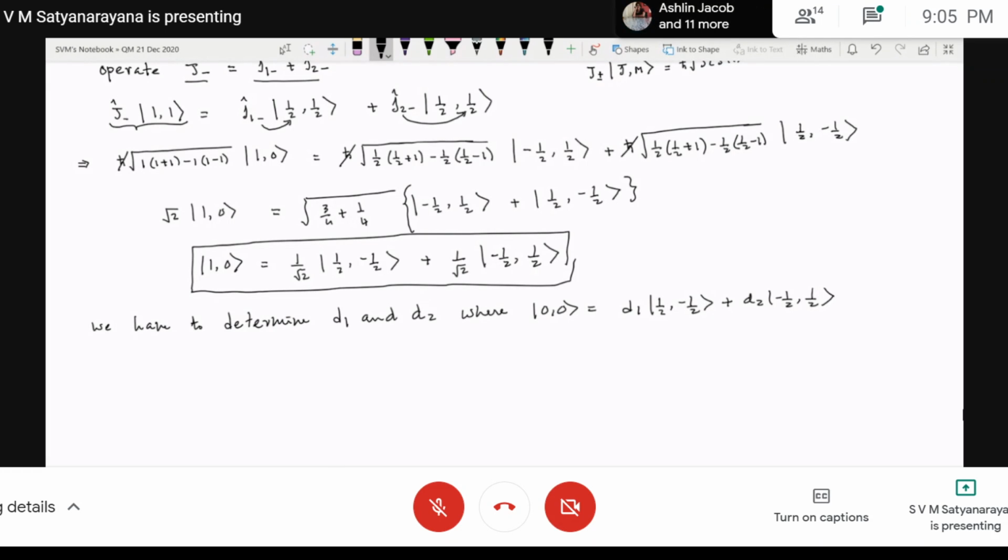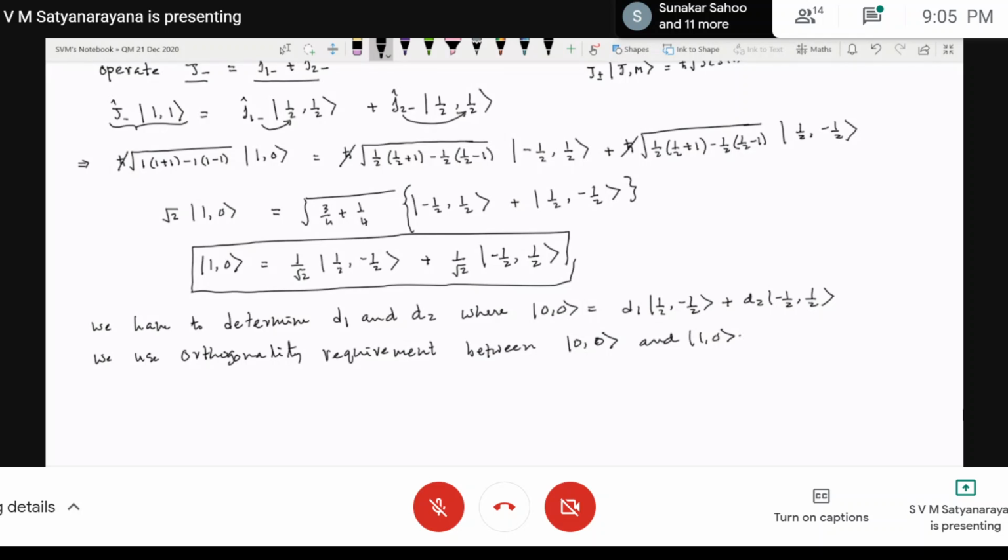Okay, but since this has to be an orthonormal basis, we use the orthogonality requirement between |0,0> and |1,0>.